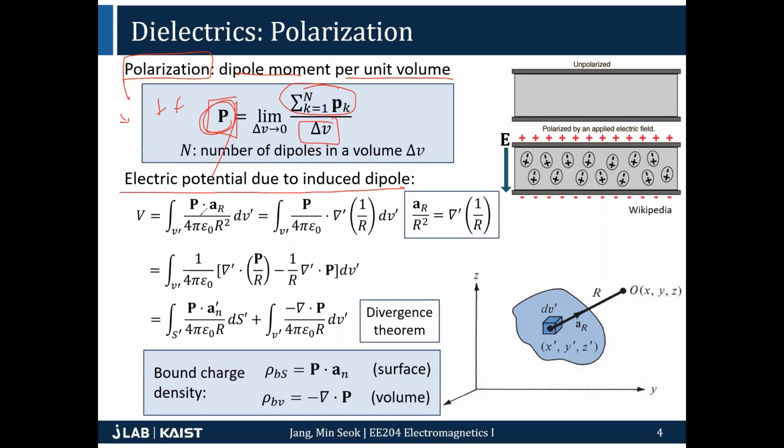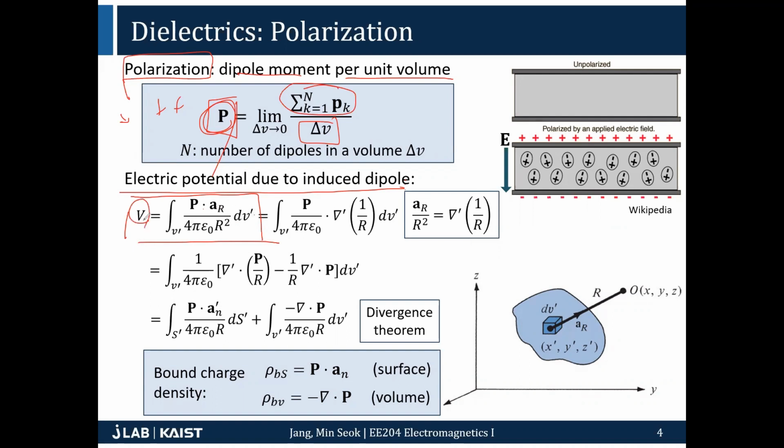And then the electric potential due to an induced dipole. If you want to calculate the electric potential due to an induced dipole, you can do this. You can just do P dot a_R dV over 4 pi epsilon naught R squared.